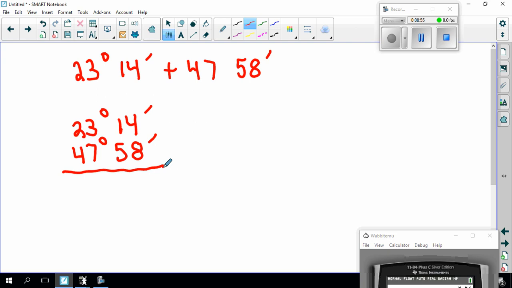Bottom line, I went through this when I was young, fourth grade. That's 70 degrees, 72 minutes. But you know there's 60 minutes in a degree, so it's 71 degrees, 12 minutes. So that's basically how you do addition. Obviously, if this 58 were smaller, the problem would have been a lot easier.